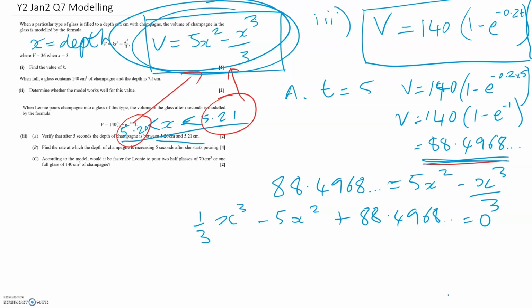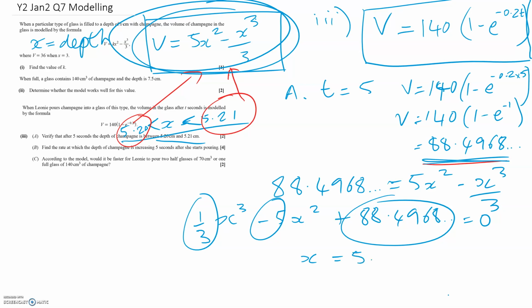Now, if you use the equation solver on your calculator, it's a cubic equation, so a polynomial of degree 3, a value of a is 1/3, b is -5, c is 0, and d is that. If you solve that on your calculator, you'll get 3 solutions, and one of them will be the one we want, which is 5.206 something.